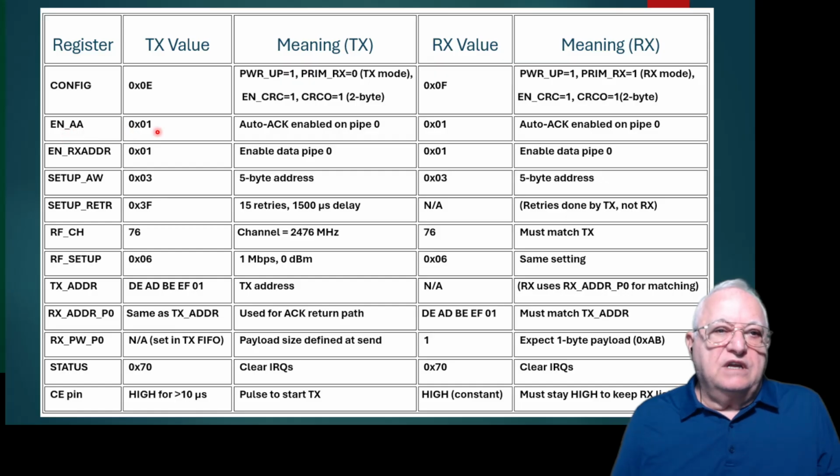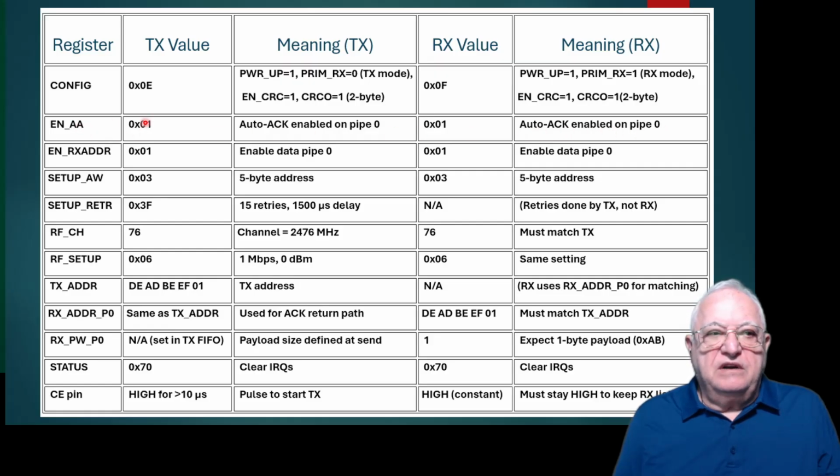Now, when it comes to the acknowledgement, the EN_AA is going to be 01, which means that the acknowledgement has been enabled in pipe 0. We have pipes 0 through 5, and we're going to be working with pipe 0 in my example, so that's why I auto-acknowledge enable pipe 0.